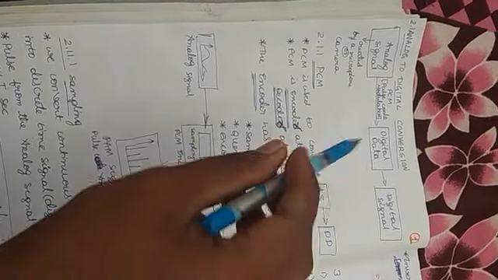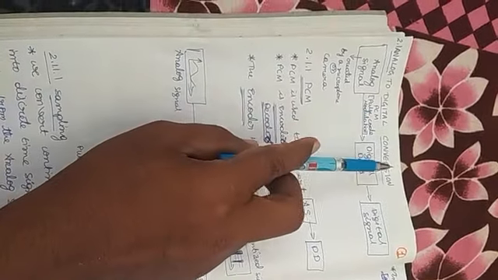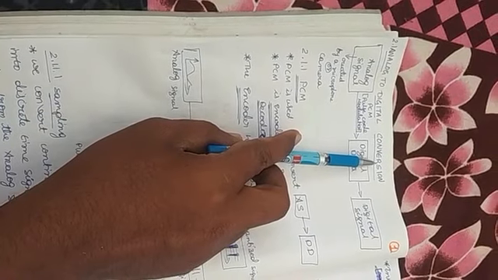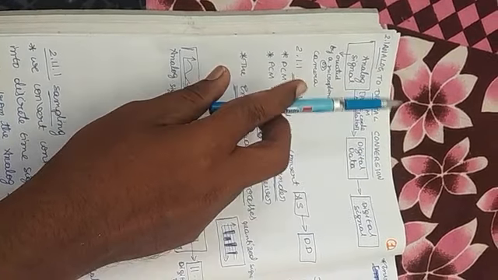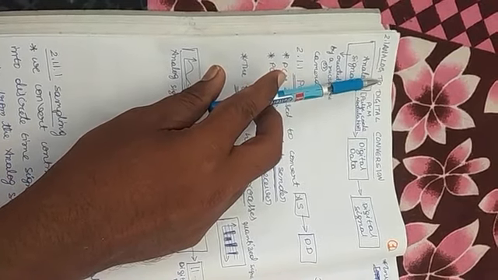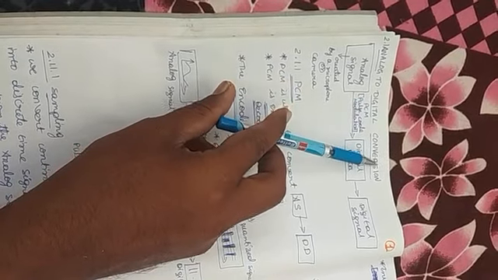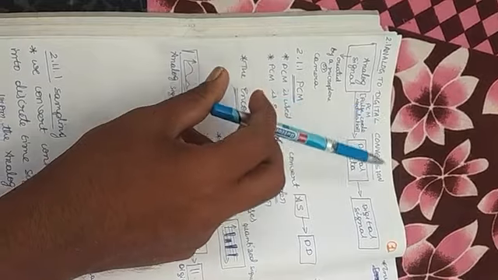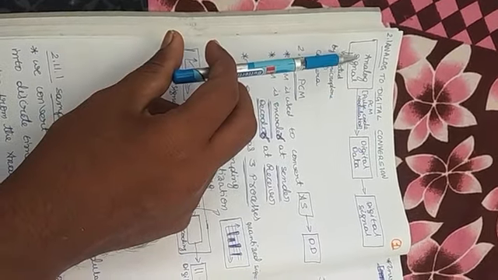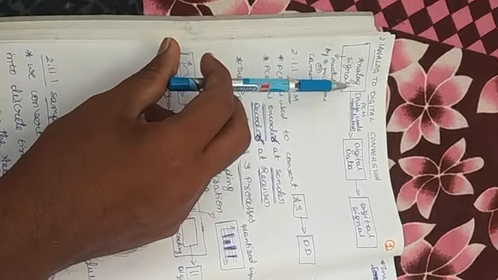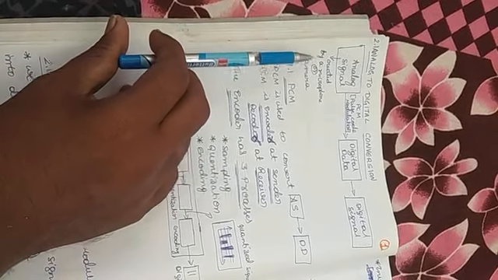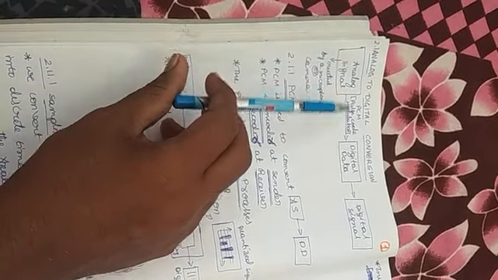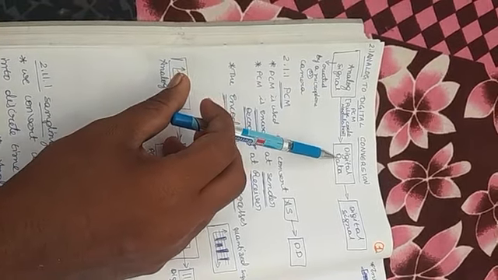Next concept is analog to digital conversion. Last class we discussed how we convert digital to digital. Here we are going to discuss analog to digital conversion. Here analog signals created by a microphone or camera are converted to digital data.